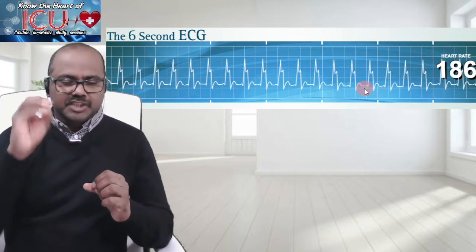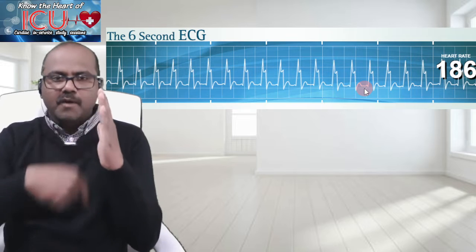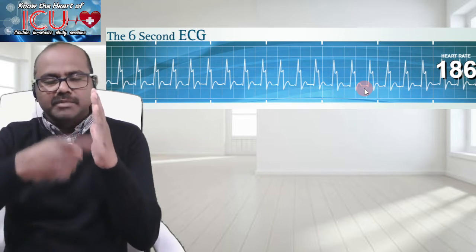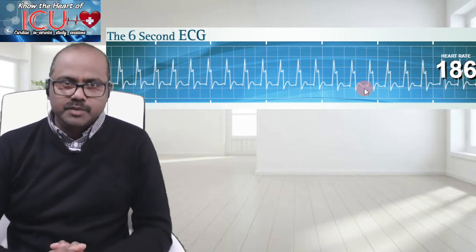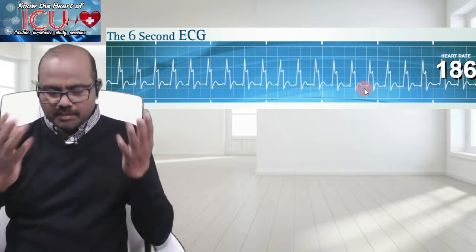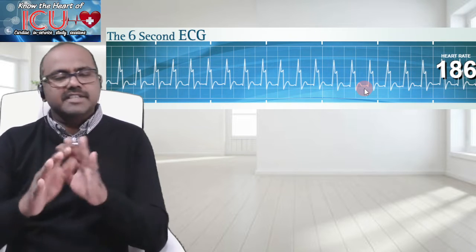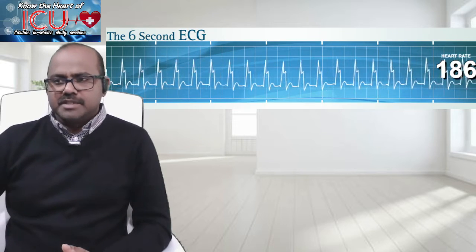Is it the junction firing faster, or is the impulse taking a loop, with the re-entry phenomenon happening within the AV node? That's the only difference between the two. But in a clinical scenario, both look the same and both need the same treatment. So it doesn't make much difference. Okay, so that's your junctional rhythms.